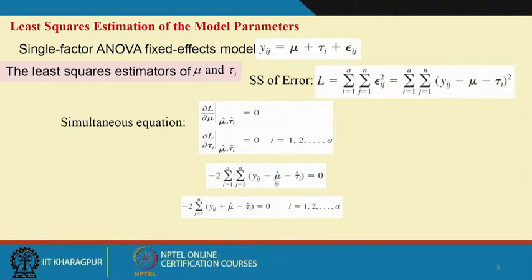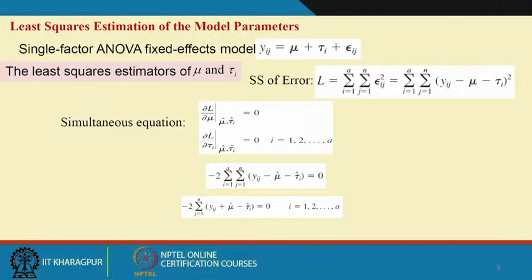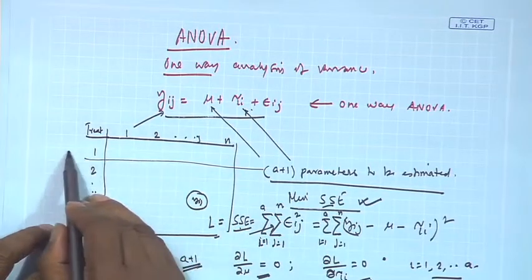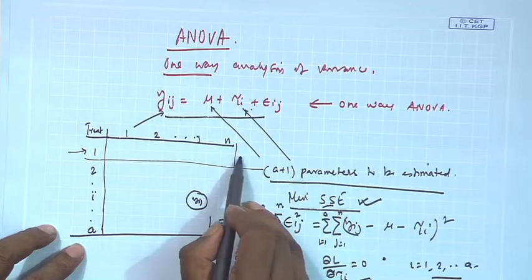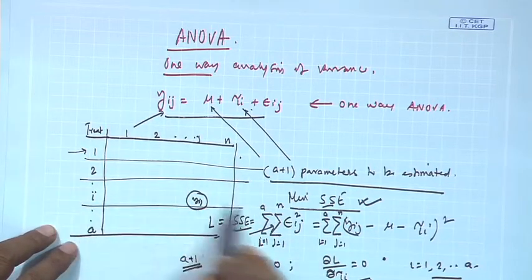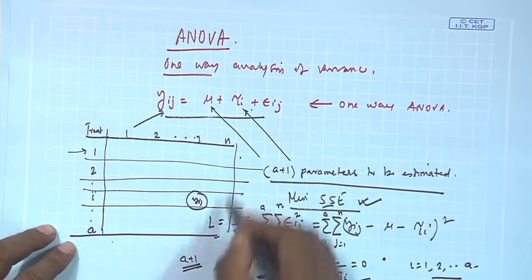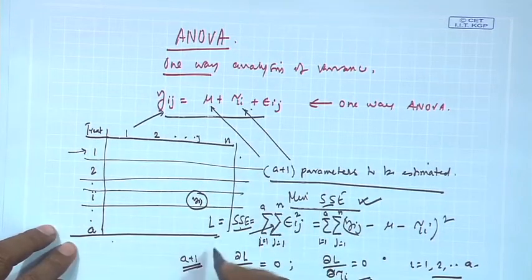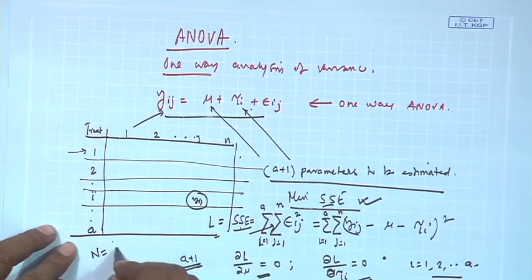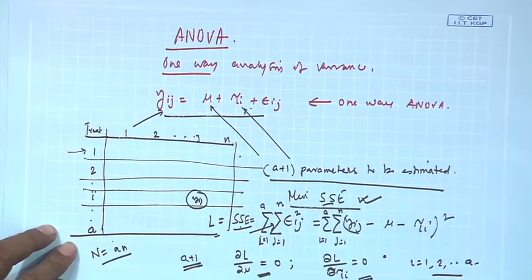So, N equal to a n, that is N times mu cap, and for every tau, how many observations are there? For every tau, tau 1 has n observations, tau 2 has n observations, like tau_i has n observations, but for mu, the grand mean, the total number of observations is N equal to a into n.